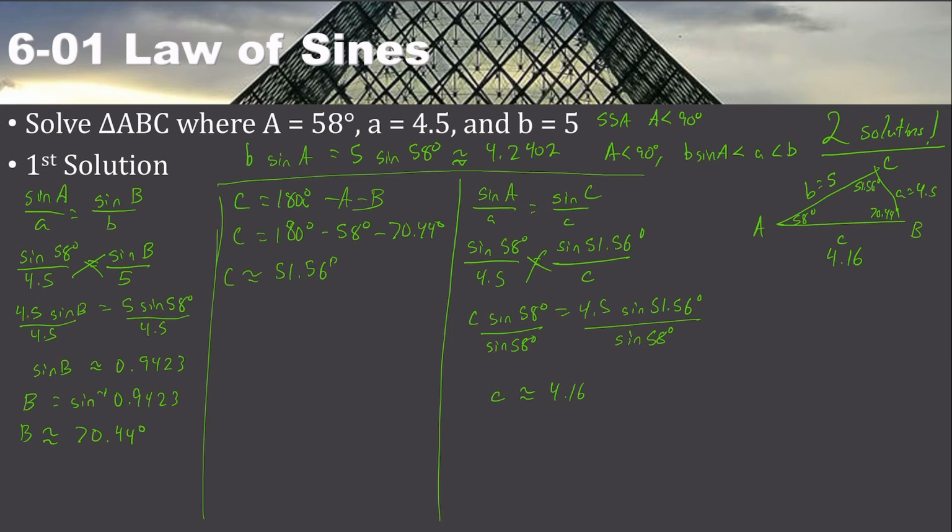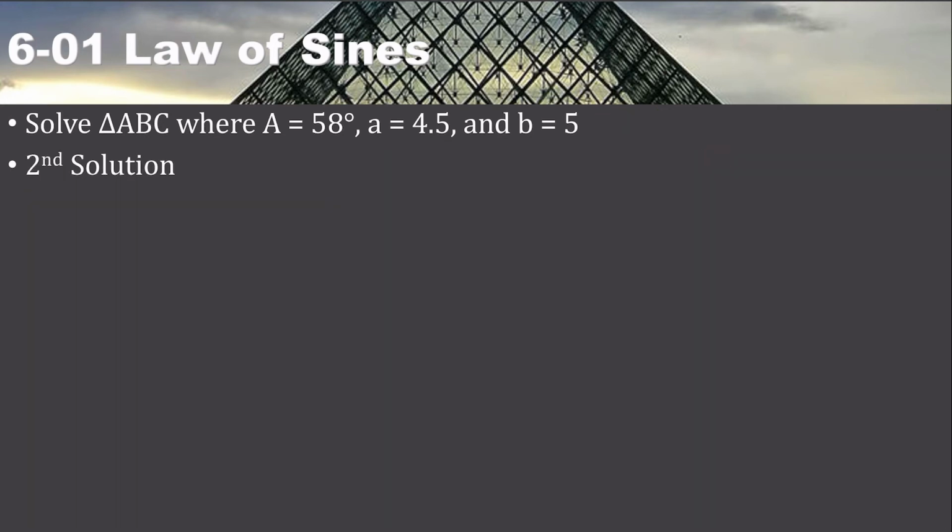All right, let's do the second solution. First of all, let's come up with how we know what the second solution is going to be. So this was our first solution. A is 58. This is side a, side b, which is 5, and then side c down here at the bottom.